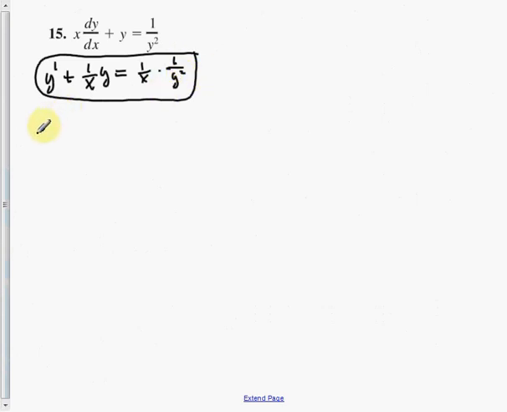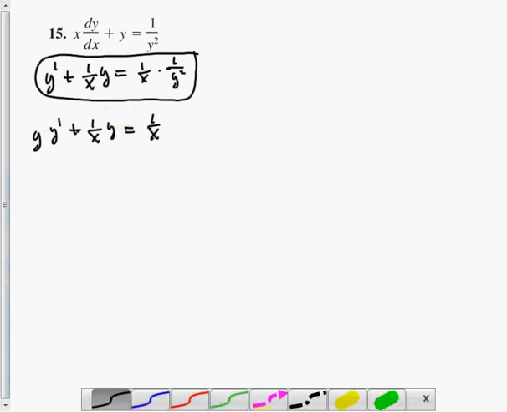So when you do that, you have y squared times y prime plus 1 over x times y, and y times y squared is y to the third. That's equal to 1 over x. So that's supposed to be a 3.